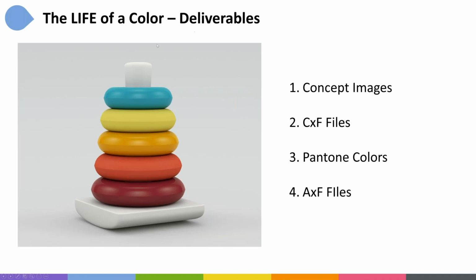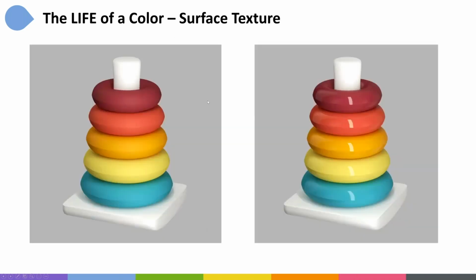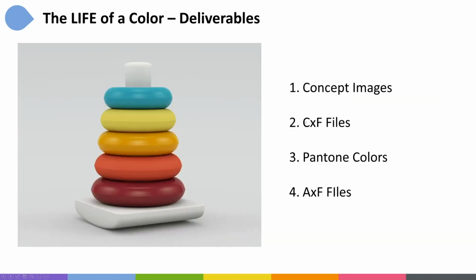So the deliverables that I would probably send on now to do more of the specification part would be concept images. So something like this, maybe even a couple of these other ones. The CXF files, so those are the files that I made measuring the Pantone chip, which holds color information about each color, the Pantone color.